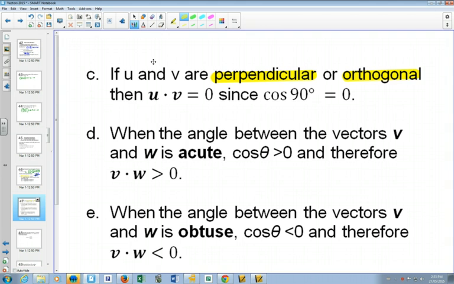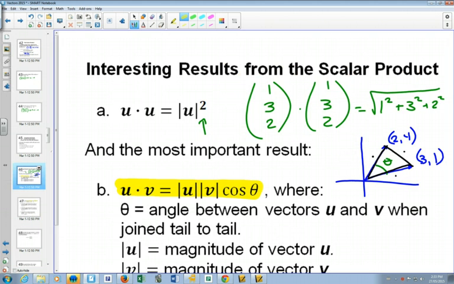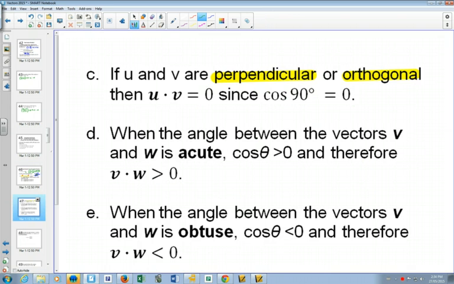Because if you look back at this previous result here, if this is equal to 0, then this side has to equal 0. And as long as one of your vectors isn't a 0 vector, and if you have something that's a 0 vector, there won't be any angle between it and something else anyways, then you would know that your two vectors are 90 degrees to each other.